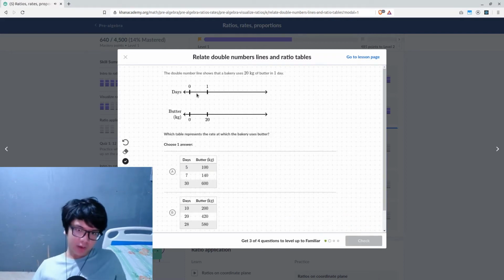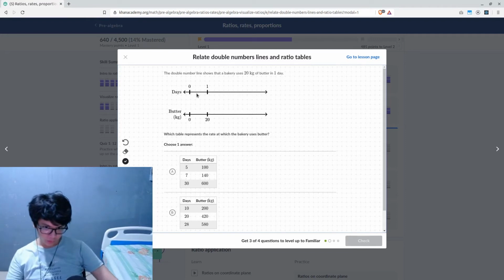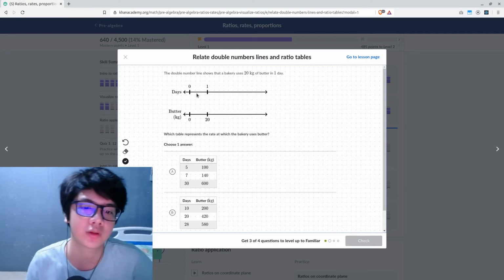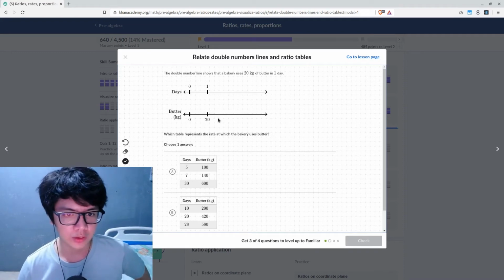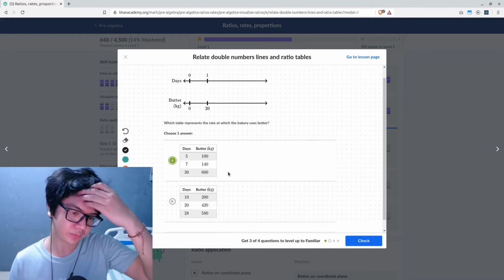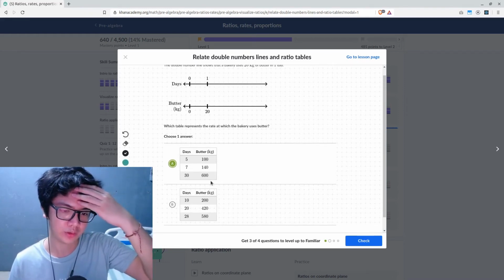The number shows that the baker used a kilogram of butter in one day, which is a very cheap butter. Okay. 1. Okay, it's 20. 7, 40. Okay, this makes sense. Just one answer.